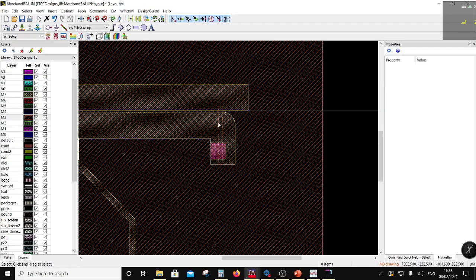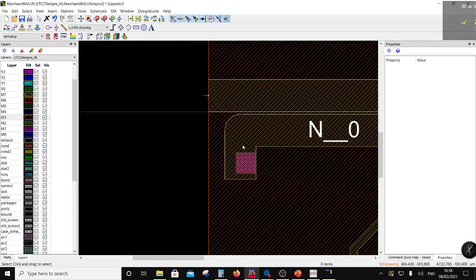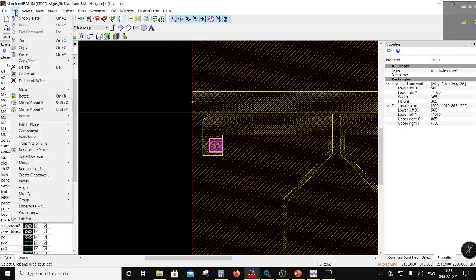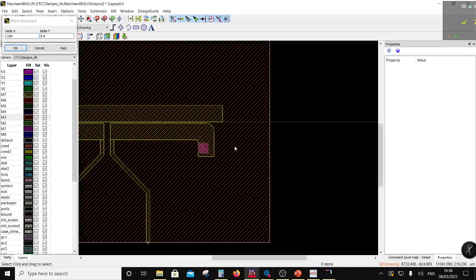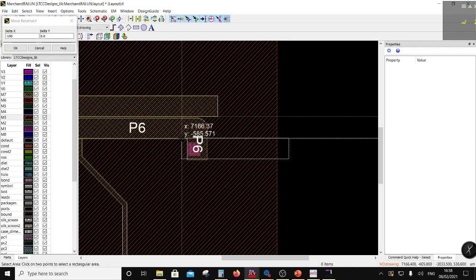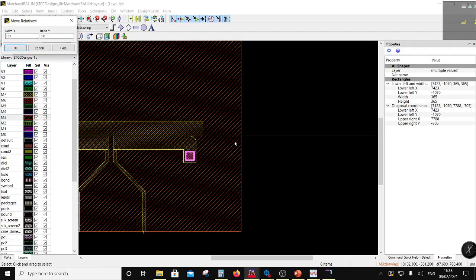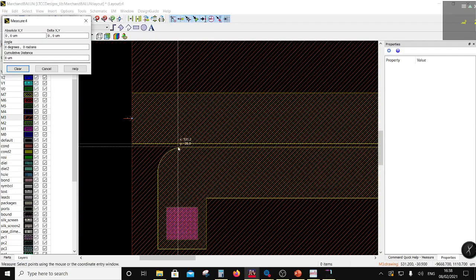And I have to pull these 100 micron to the left. Edit, move, relative, minus 100. And this will be plus 100. Now measure.